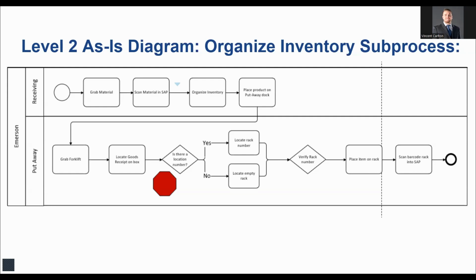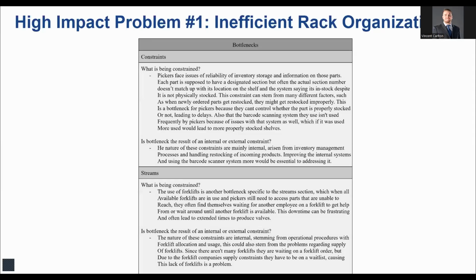Moving on to the first high impact problem of inefficient rack organization, bottlenecks are one of the problems with that. The challenges we face in inventory management are that pickers often encounter delays because the system's inventory records don't match the actual stock on the shelves. Sometimes items marked as in stock are entirely missing.